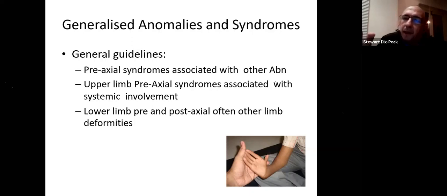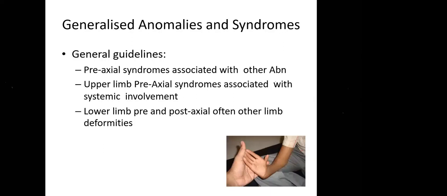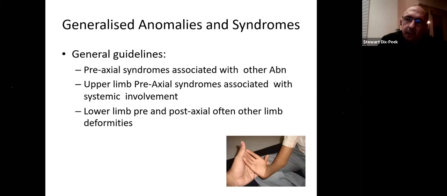Okay. Bear in mind, though, that once you see radial club hand, look for other things. Once you see upper limbs, look for other things. And who's doing spines at the moment? Ayik, you spines? Yes. So when you see a congenital abnormality of a spine, what is the chance that there's something else going on, and where do you look?